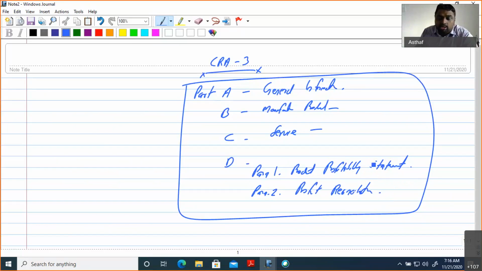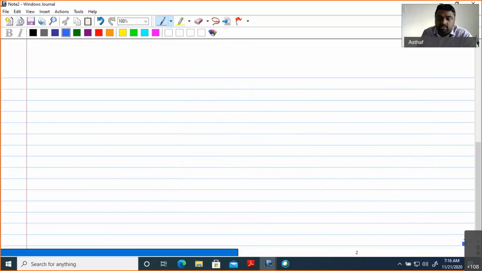As per CRA 3, in the cost audit report there will be part D, and para 2 talks about profit reconciliation. This is mostly a coming area for your exam. In your online MTP questions also, profit reconciliation questions are there.